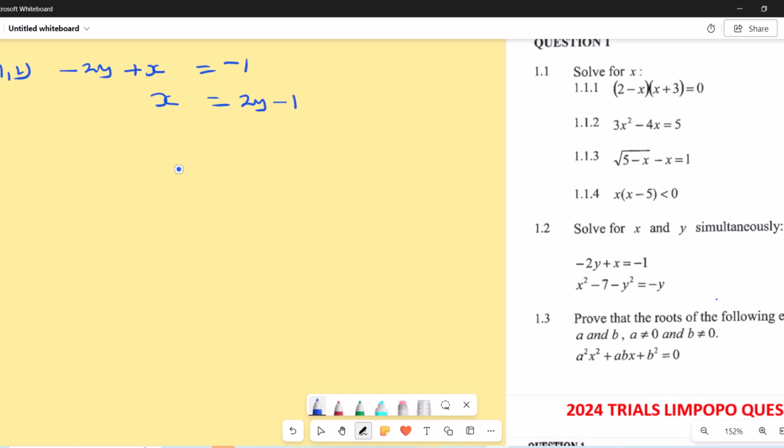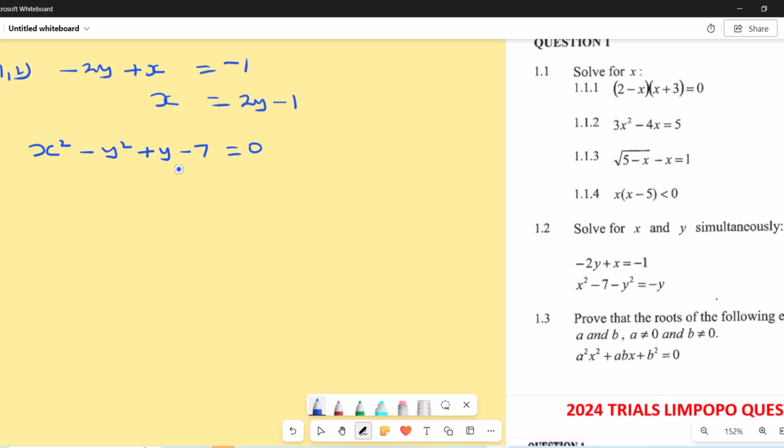Then the one which is non-linear, which is x squared minus y squared plus y minus 7 equals 0.